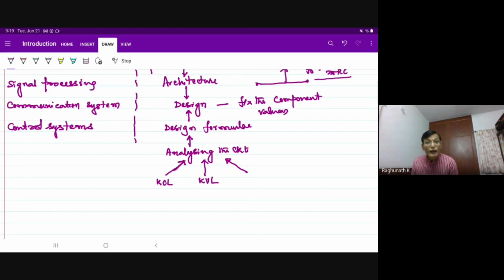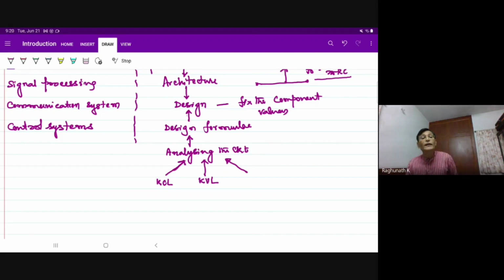And whenever I want to perform the analysis of the circuit, this analysis is nodal analysis, mesh analysis, or general analysis of a network. I normally talk about KCL, KVL analysis, some part node, some part mesh. Whichever procedure really takes the minimum amount of time and steps, I will follow that. That's what we will do in network analysis.